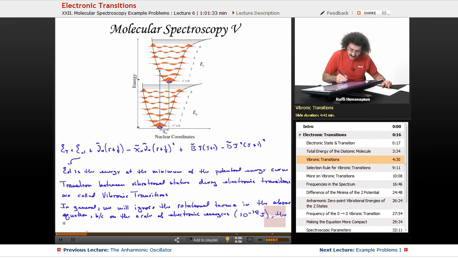The rotational energies are insignificant. The rotational energies, 10 to the negative 24th joules, are very small. So for the most part, we can just ignore them.